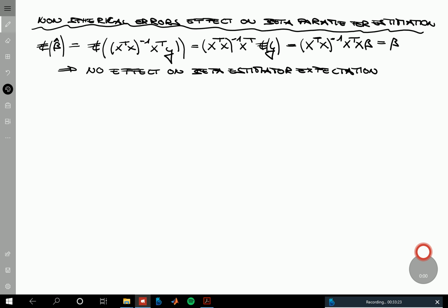But what happens is that the covariance matrix of the beta parameter estimate changes.